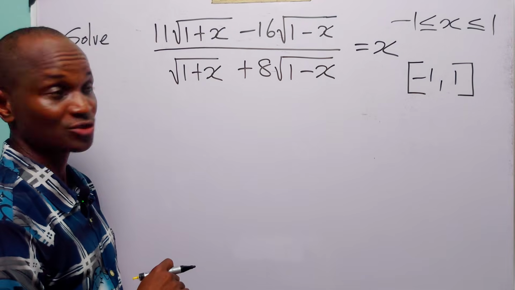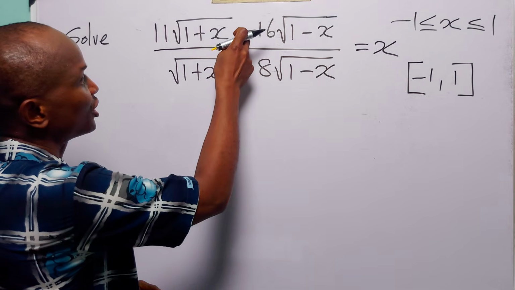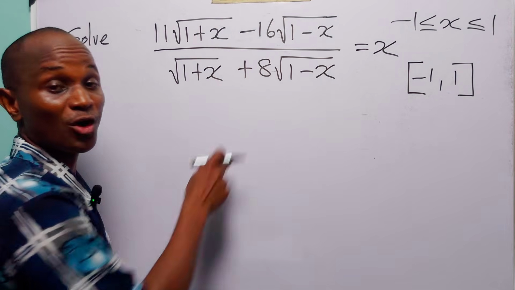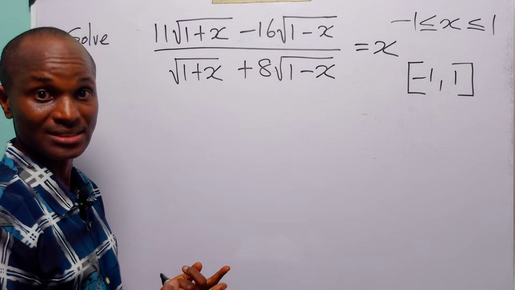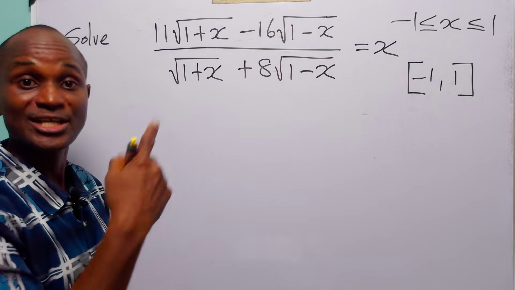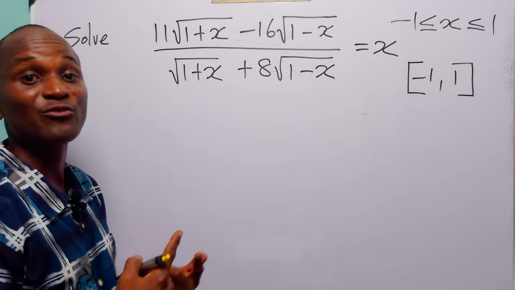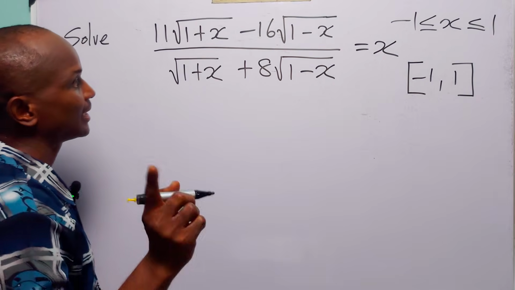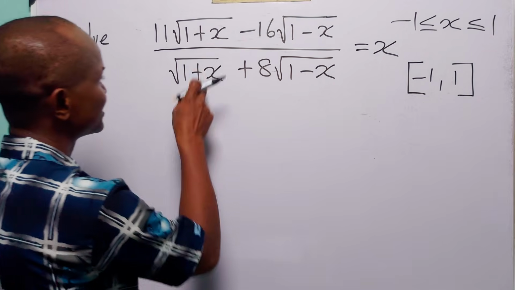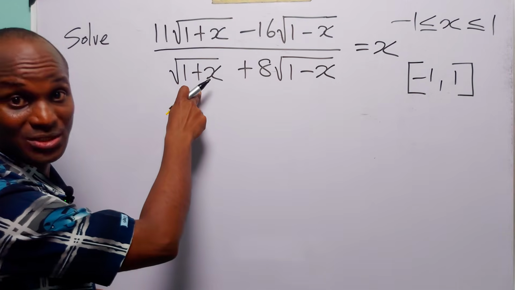Now, the next thing we are going to do is that we will divide both the numerator and the denominator of this fraction by the same quantity. Of course, you know that when you divide the numerator and the denominator of a fraction by the same quantity, the fraction remains the same. The quantity we are going to divide with is the square root of 1 plus x.